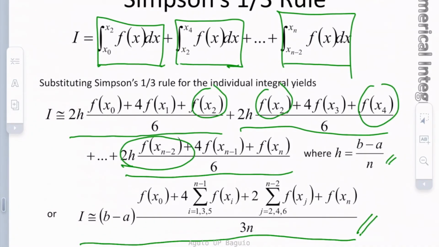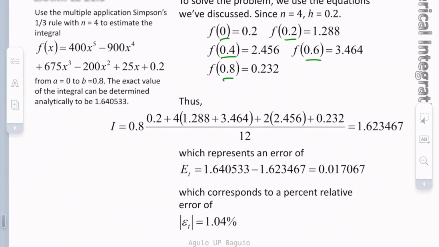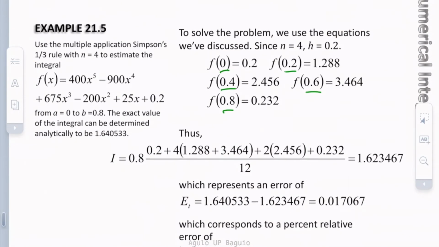Notice that in this expression, the first term is f of x naught and the last term is f of xn. In the second term, all the odd terms are combined and multiplied by 4. In the third term, all the even terms are added and multiplied by 2. In this example, we have 5 terms.